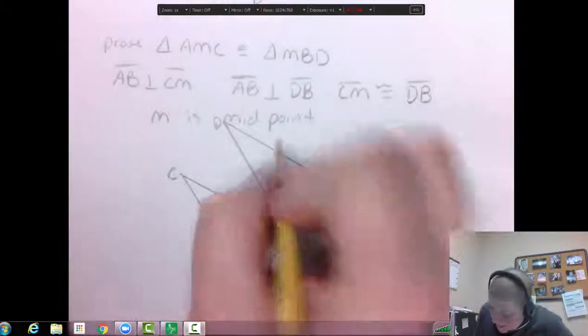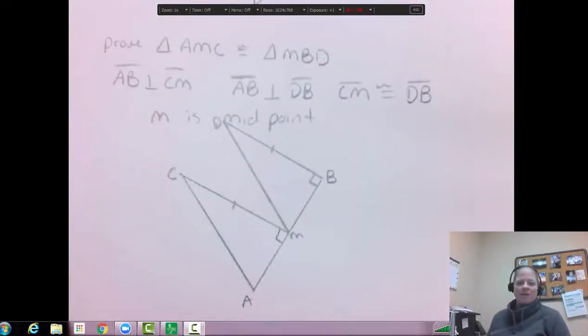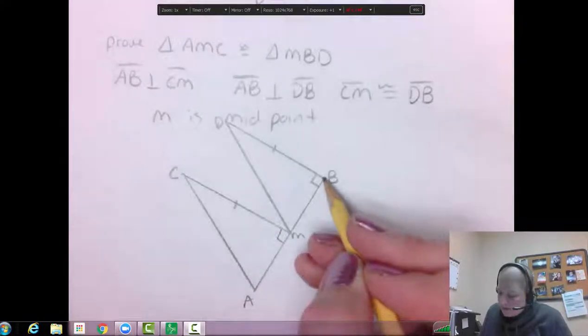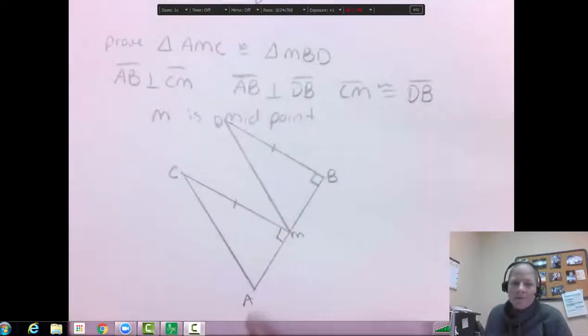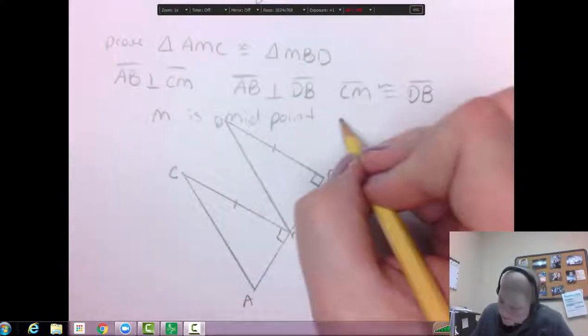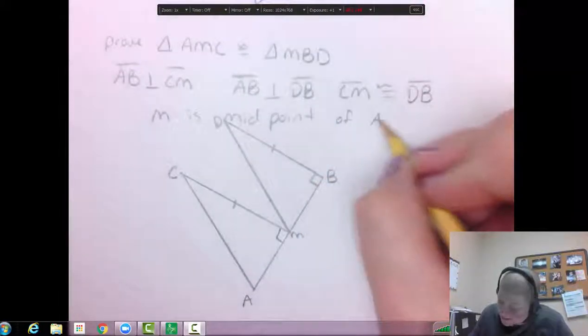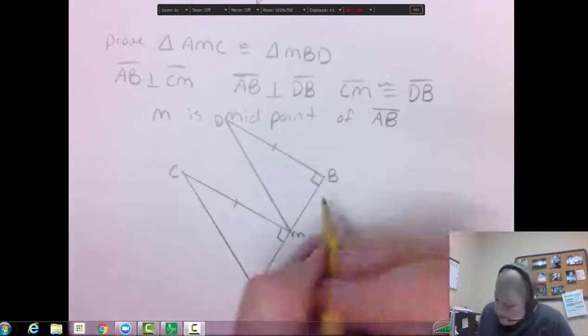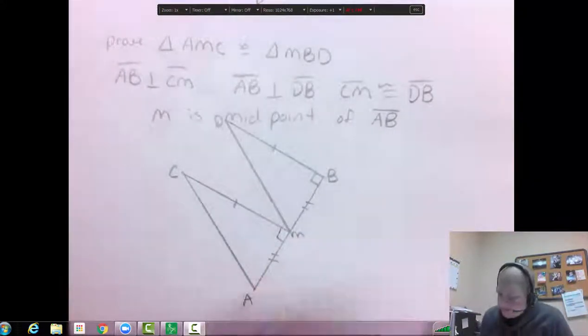So CM and DB, those sides are congruent. And we know this is the midpoint. What does a midpoint do to this side AB? M is the midpoint of AB is what I should have on there. So what does a midpoint do? It cuts it in half, which means this side has to be congruent to this side.